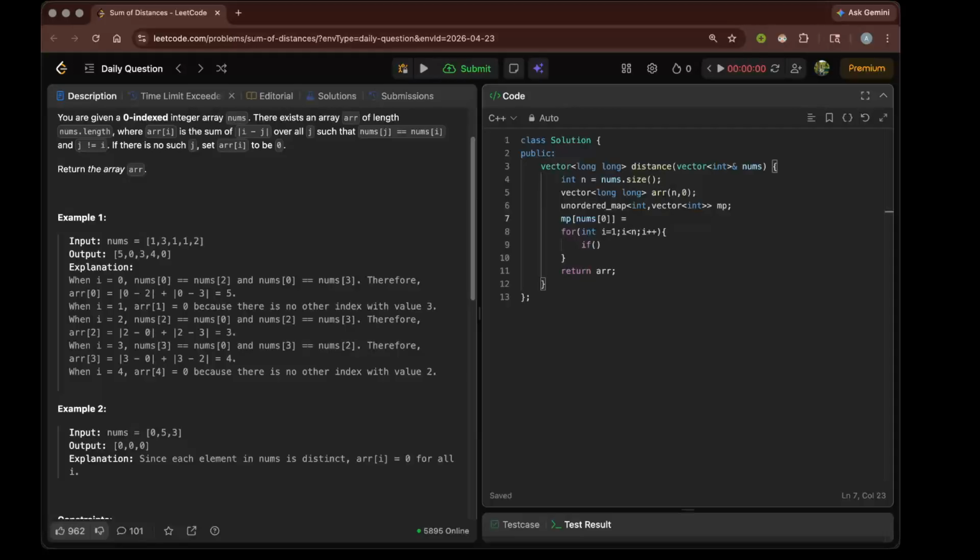A little bit confused. I think we can do it. 2 plus 2 is 4.